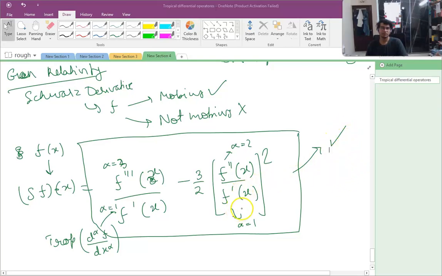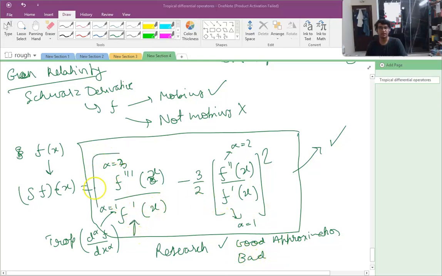So we can explore this as well. This is also going to be an area of our research. Is this a good approximation? Is it bad? Should we first take the derivatives and then apply the tropicalization?